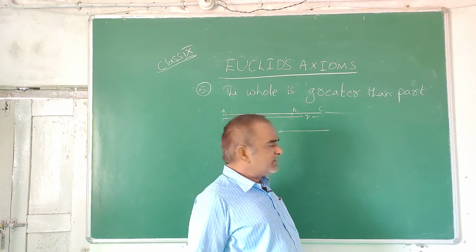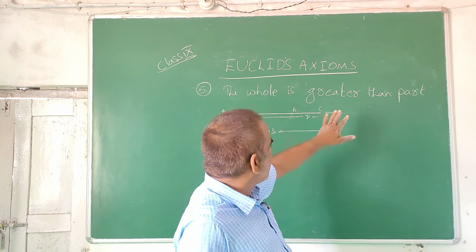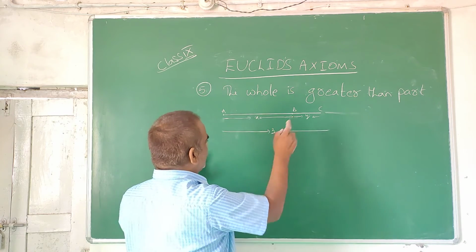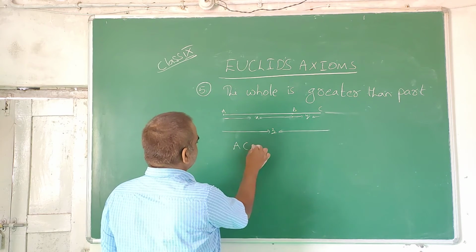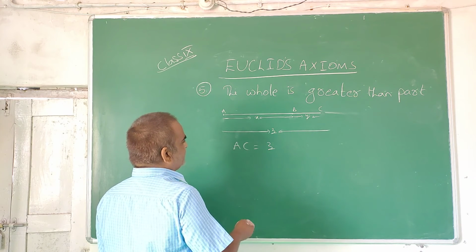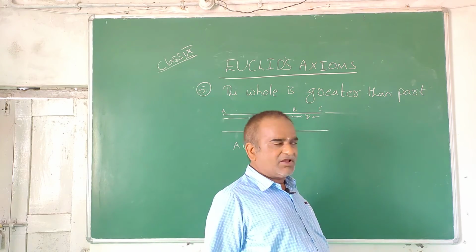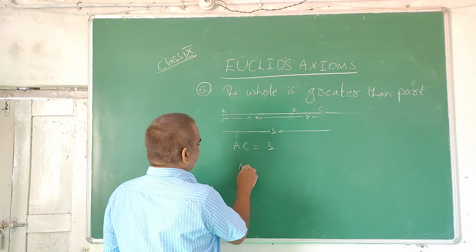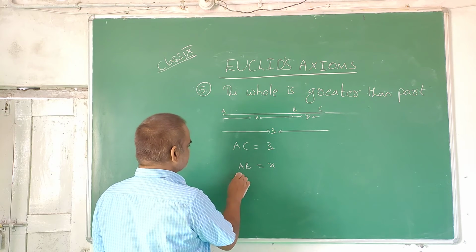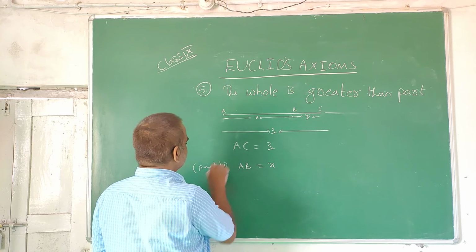Dear students, Euclid's fifth axiom is: the whole is greater than the part. Whole is greater than part. So here I took the line segment AC whose length is Z units, and I took a point B on AC such that part AB is equal to X. This is the first part of the line segment, part 1.